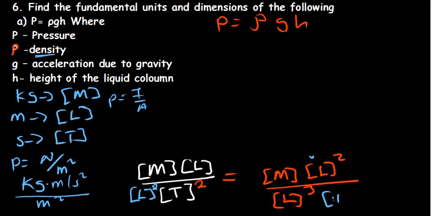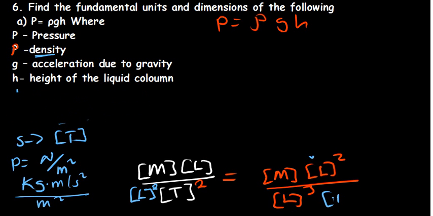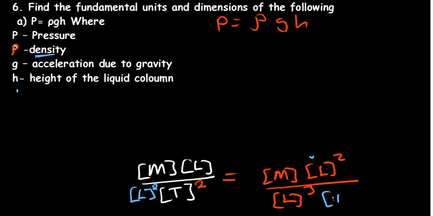So what we're going to do now, I'm going to rewrite it from here. Let me just do from here because of space. I'll say m, then I've got l. Now when I remove the division, this 2 is going to have a negative, so I'll have l to the power negative 2. Again, I'll have t to the power negative 2.